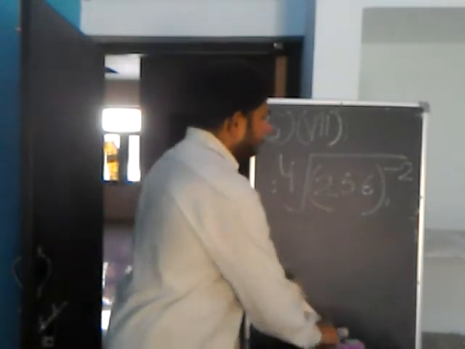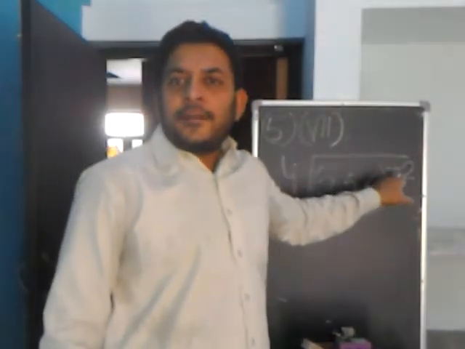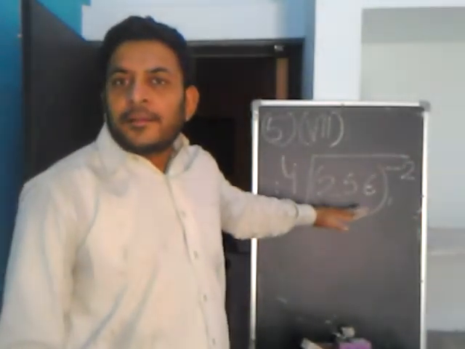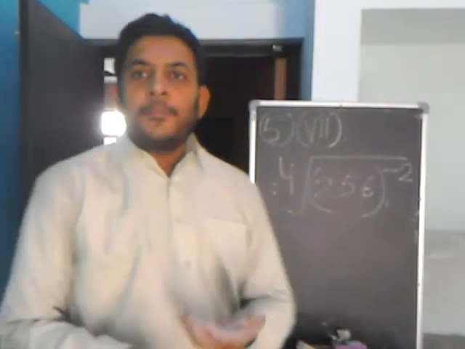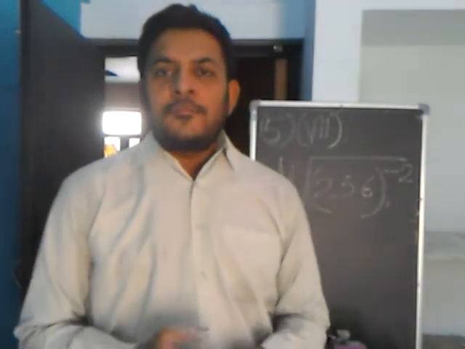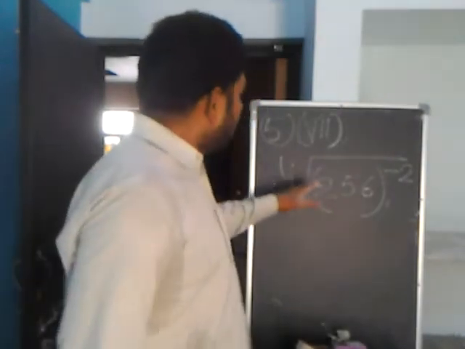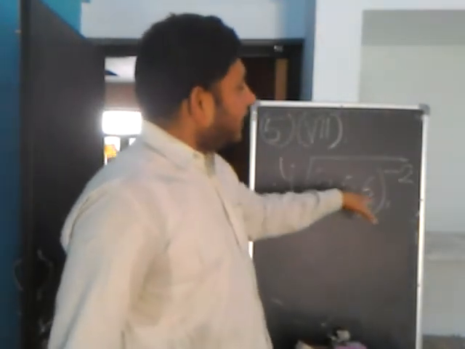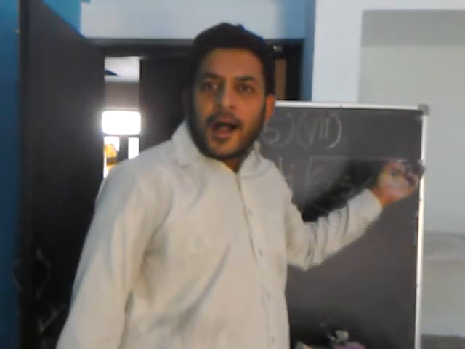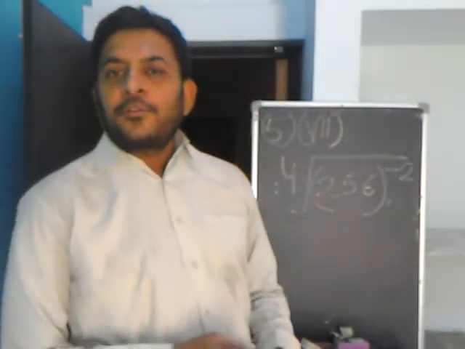First of all, because here the power is negative, I will put this 256 in the denominator, because a whole number is always considered in numerator, and in denominator we assume that there is 1. So this 256 is in the denominator and power is negative. First of all, I have to convert this negative power into positive power.